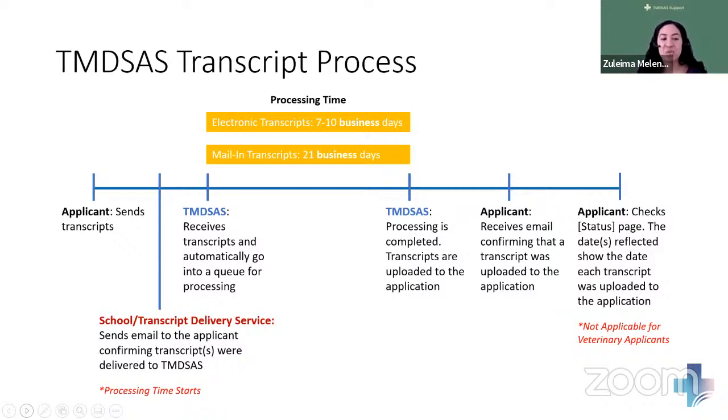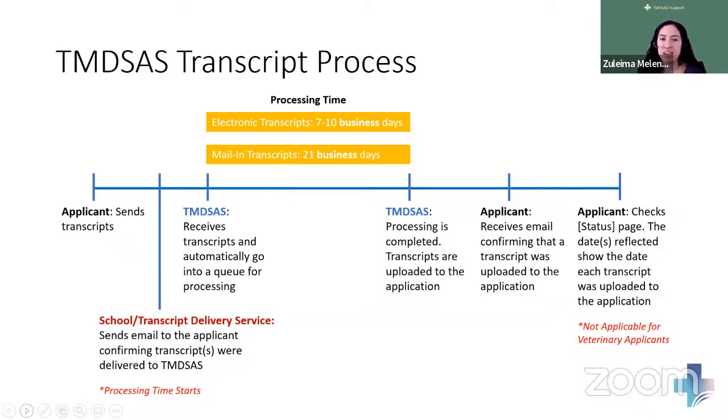So let's say that you made the request to send your transcripts to TMDSAS as of yesterday, January the 25th. And then today, earlier this afternoon, you received an email from either your school or the delivery service that your transcripts were delivered to TMDSAS. So the 26th was when you received this email confirmation.